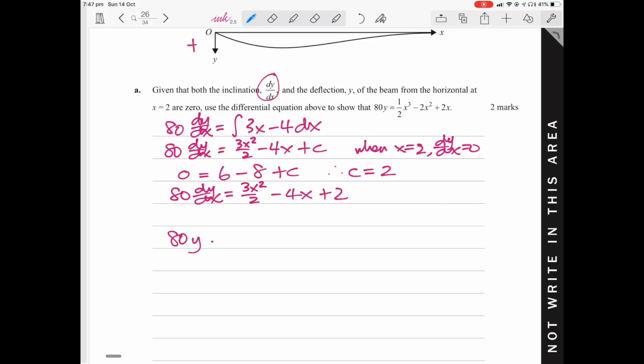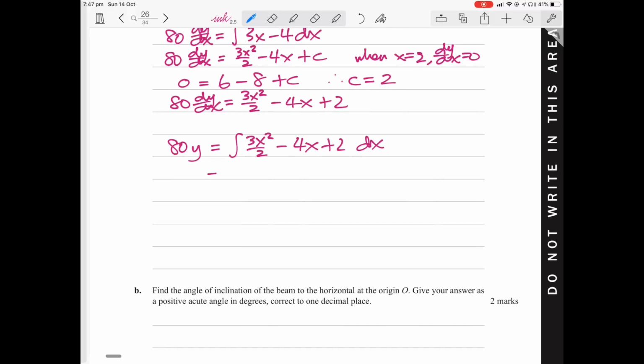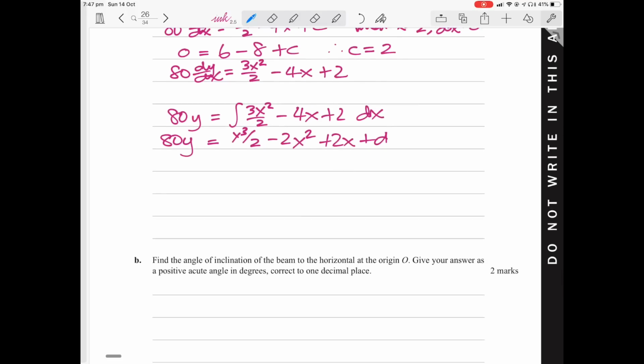Therefore EI y is equal to the integral of 3x squared on 2 minus 4x plus 2 dx, which is equal to 3x cubed on 2 times 3, so it's going to be x cubed on 2 minus 2x squared plus 2x plus d. Remember to use a different parameter. Okay, when x equals 2, y equals 0.